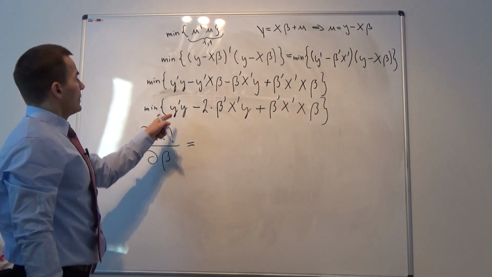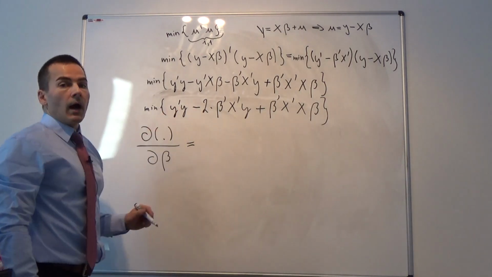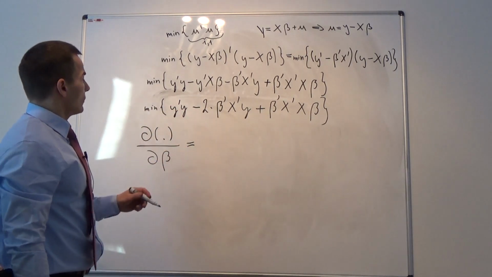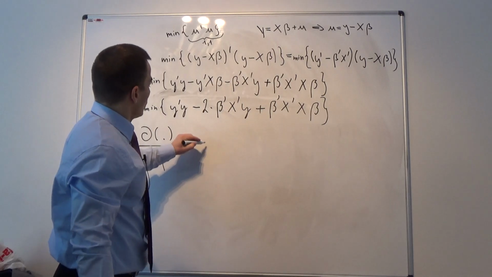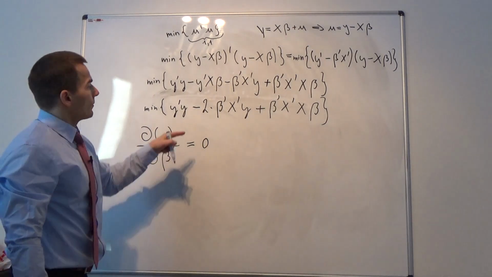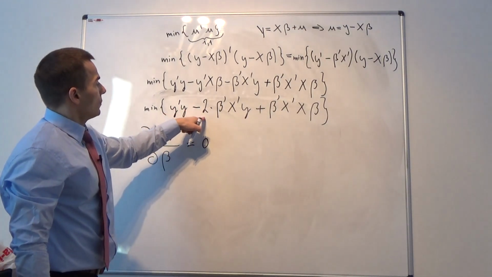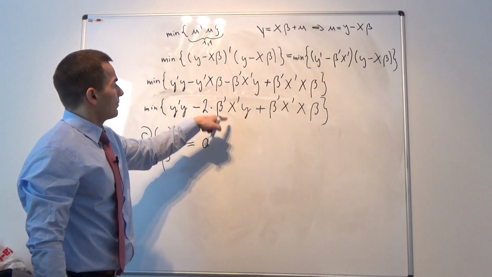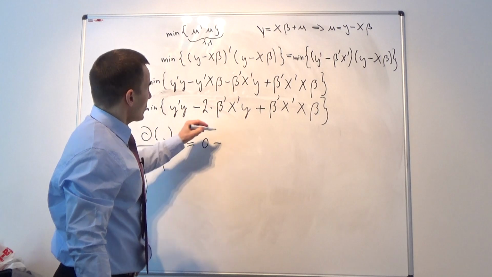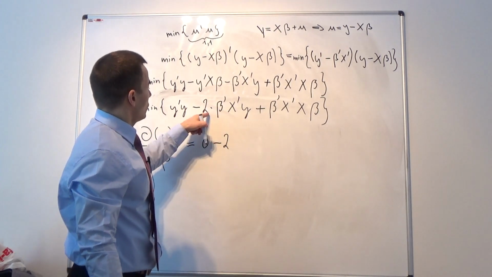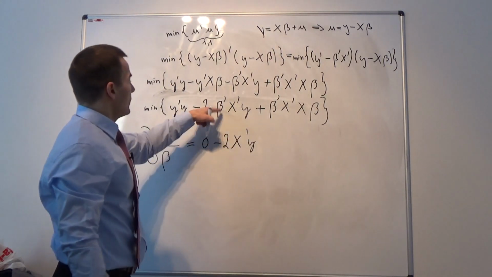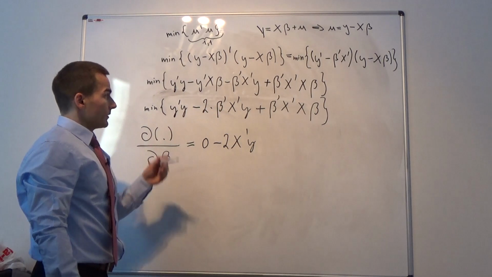What's the derivative of y transposed y with respect to beta? There is no beta here, so it's 0. What's the derivative of the term minus 2 times beta transposed x transposed y? It is minus 2 times x transposed y. The beta disappears when we take the derivative.